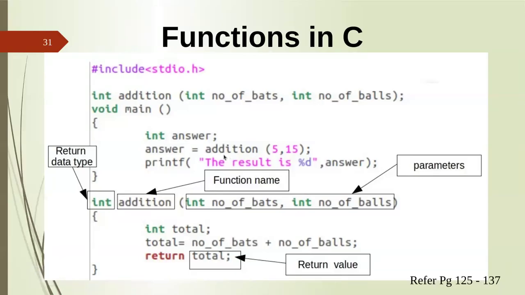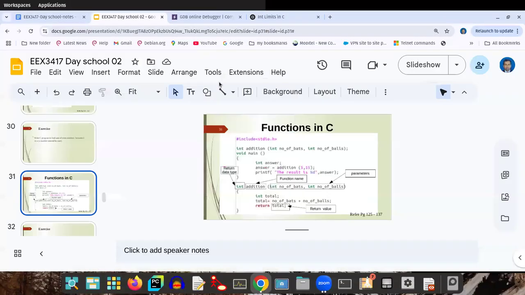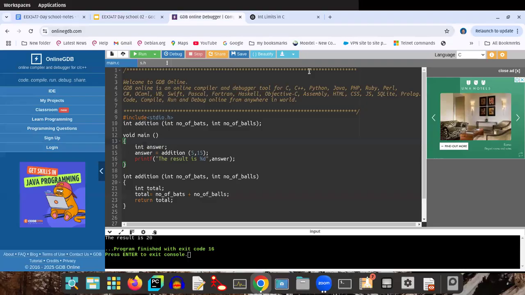Now we can write addition not only here, we can write the same addition in separate places in the same main function. I will explain by example. Now here, this is the function int addition.